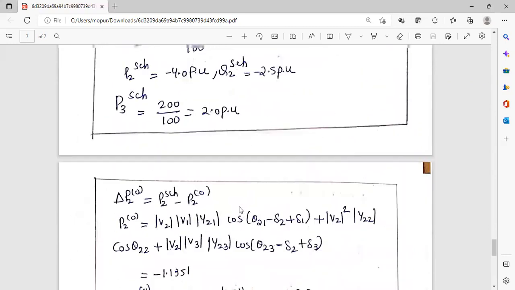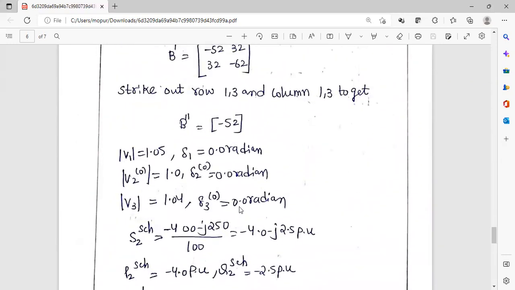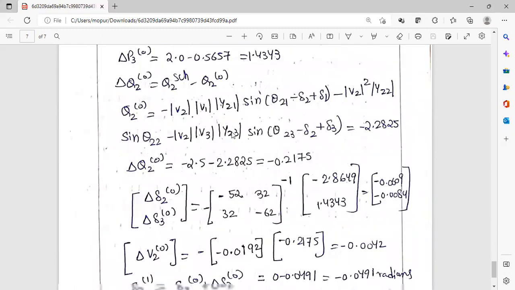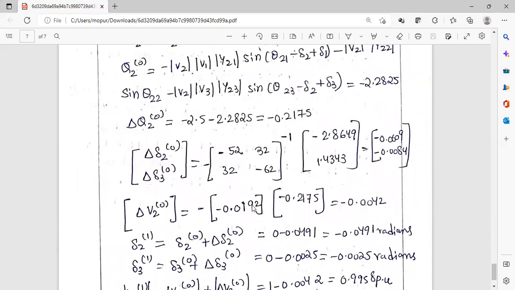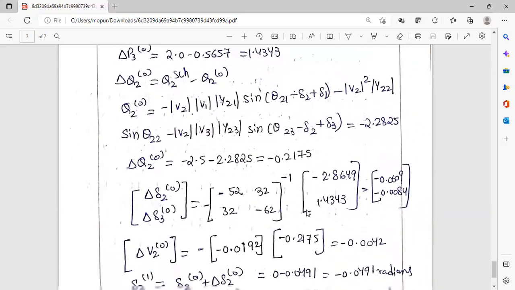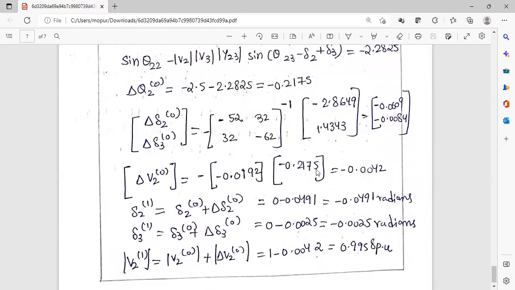What is B double dash? What we had got is minus 52. If you invert that minus 52, you will get 0.0192. So minus 52 inverse into del Q2 by mod V2. What is del Q2? Del Q2 is minus 0.2175. Mod V2 is 1. Why? Because of flat start. So minus 0.275.